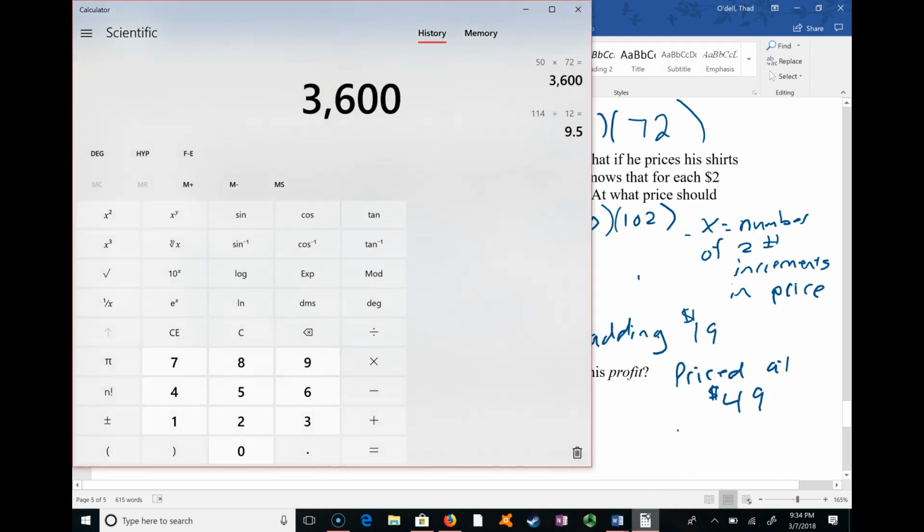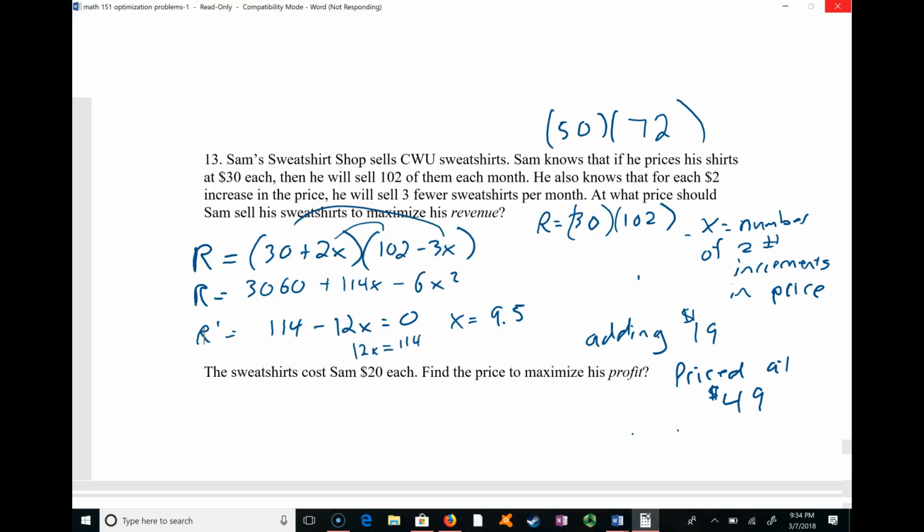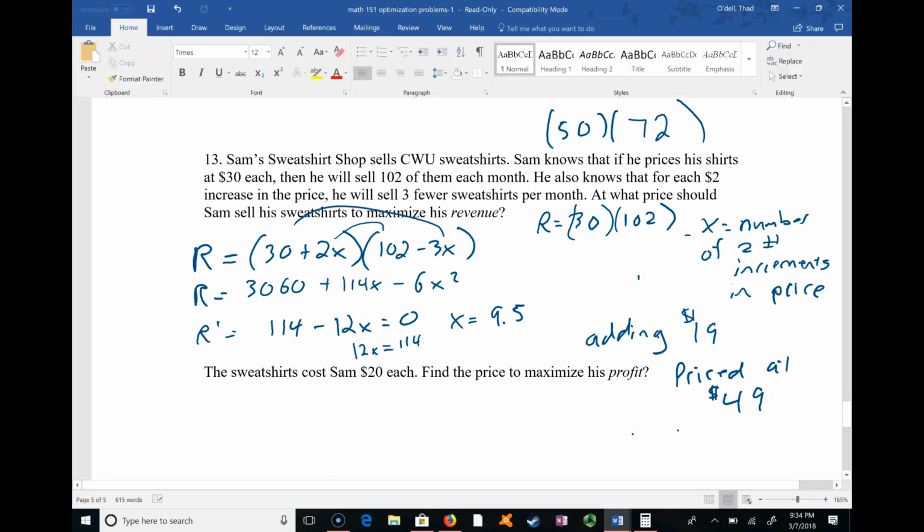Wait, what was it? 3,600. And what was this one? That was 330. Yeah, interesting. Okay. What would 49 be? Or 48 would be minus 18.